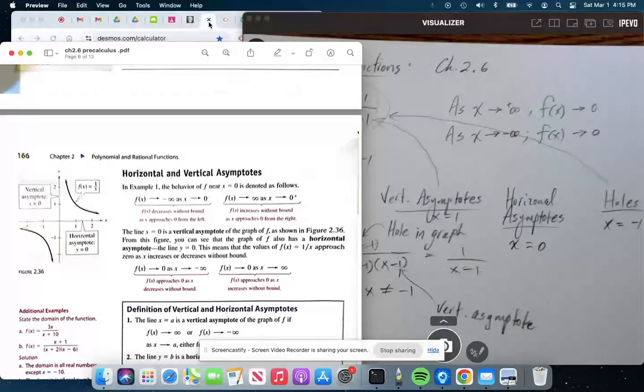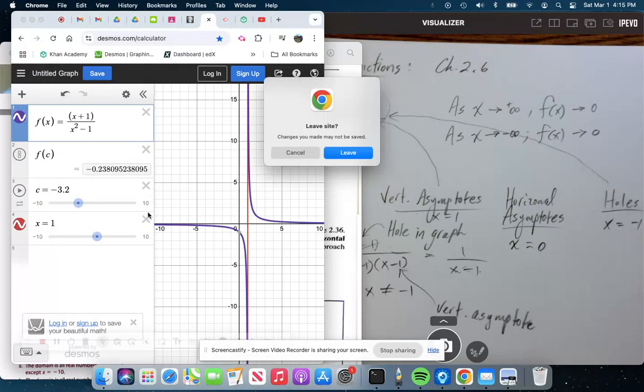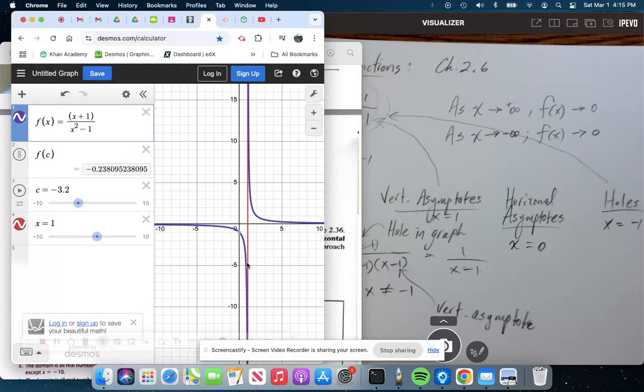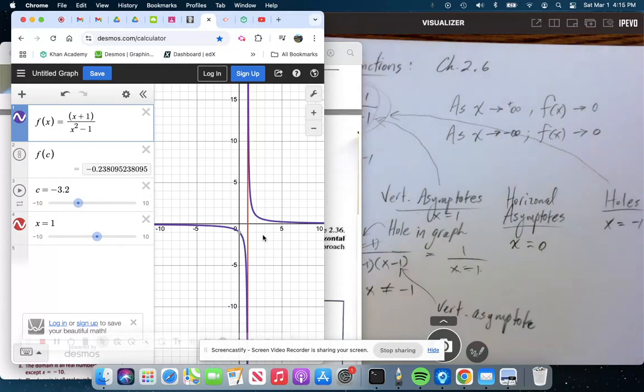This thing, you can't. You can draw this part, but then you're going to have to lift your pencil up to draw this other purple part right here, right? So this is not a polynomial, but it is a ratio of two polynomials. Therefore, you do end up with curvy things just like you would with polynomials.